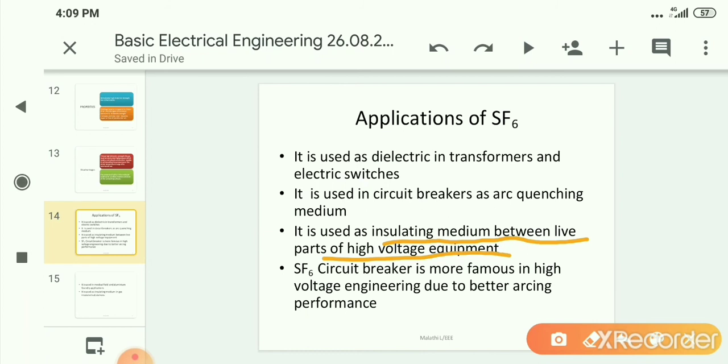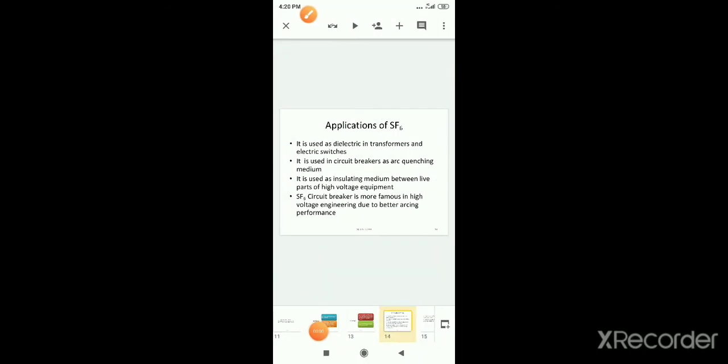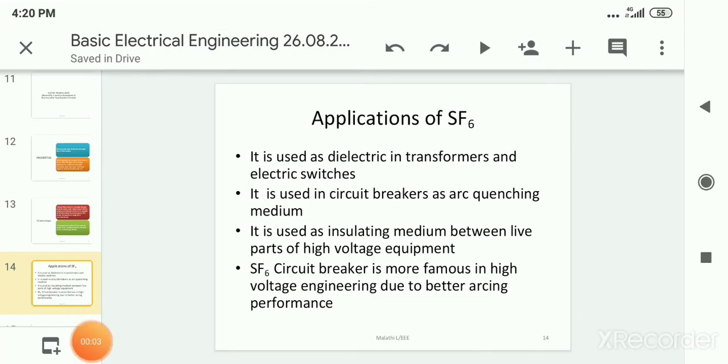This feature makes SF6 gas very famous. That's why SF6 gas substations are coming into the picture. So these are the special features of our SF6 substation.